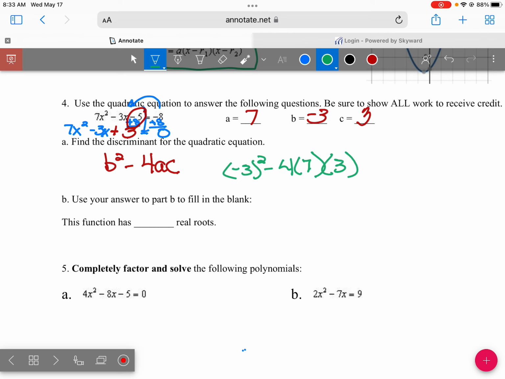Negative 3 squared is 9. 4 times 7 is 28. And 28 times 3 is 84. So we're taking 9 minus 84, which is going to be negative 75.